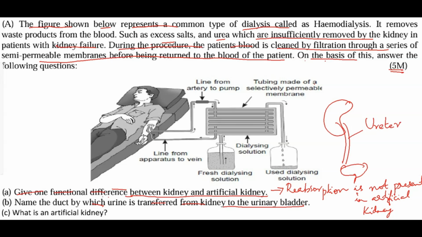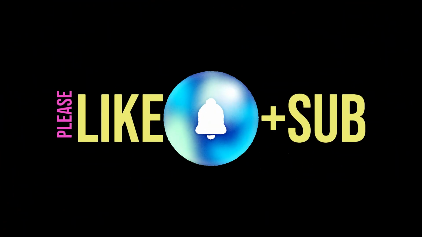And the third part of the question, what is an artificial kidney? Then you have to explain about the hemodialysis, about the semi-permeable tubes present inside this, the dialysing solution, the filtration, the diffusion process where the nitrogenous waste from the semi-permeable tubes comes out into the dialysing solution, and the blood which is free of nitrogenous waste is returned back to the patient's body. What is lacking is reabsorption.